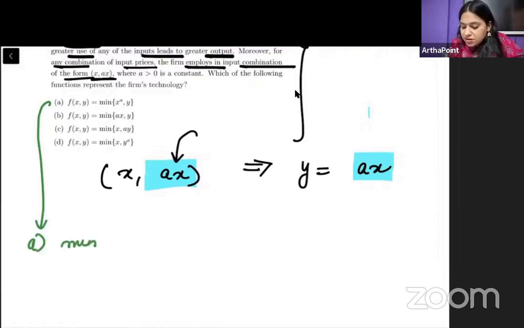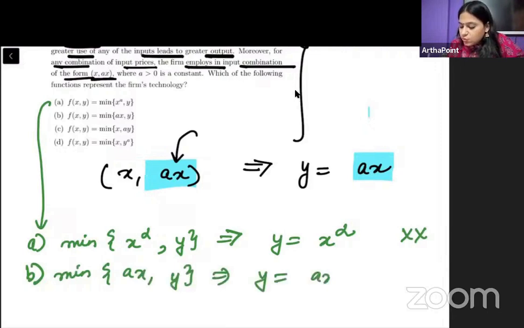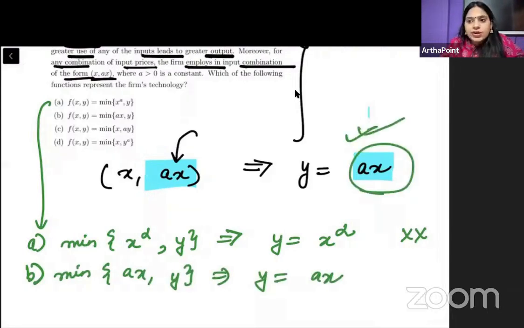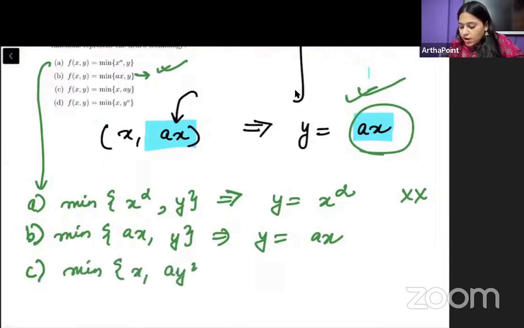Now look into the first production function. This gives me min x to the power alpha comma y. So this actually means y is equal to x to the power alpha. This is not what I require. Look into the second production function, min ax comma y. This gives me y is equal to ax, exactly what I required. So this is the correct answer. Look into the third one. This gives me min x comma ay. So this means x is equal to ay.